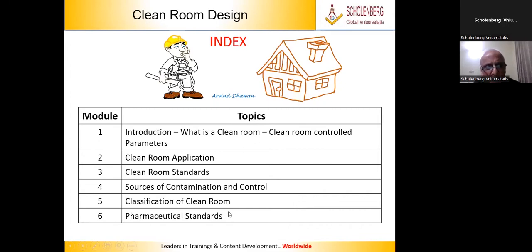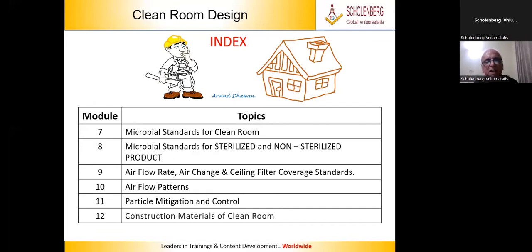This is what we're going to cover in our course material. This is what you ought to know. First is an introduction, second application, third standards, fourth how to control, fifth classification, and then pharmaceutical standards, which are very different, because when you're manufacturing medicines, the level of cleanliness is very different. Now we come to the next slide.